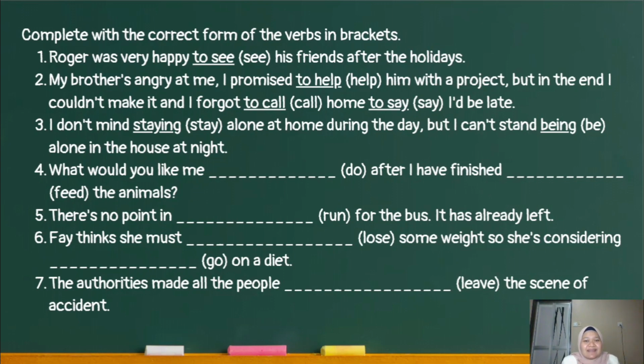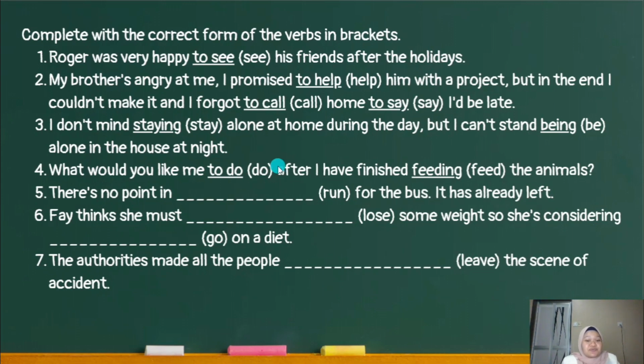Alright, I can hear that some of you see that this answer will be to infinitive. Let us take a look. What would you like me to do after I have finished feeding the animals? So this sentence is to infinitive.